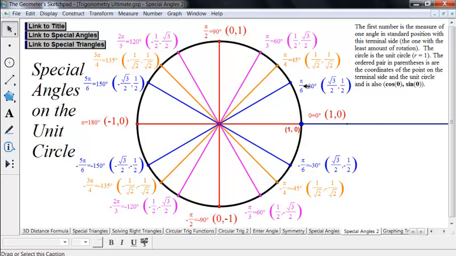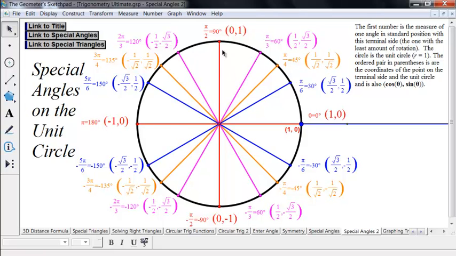But of course, add any integer times 2 pi to this angle, or any integer times 360 degrees if you want to do it in degrees, and you'll get a coterminal angle. And so here are all of our special angles given on the unit circle.